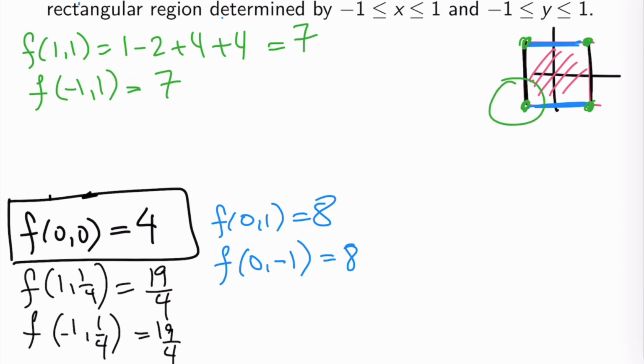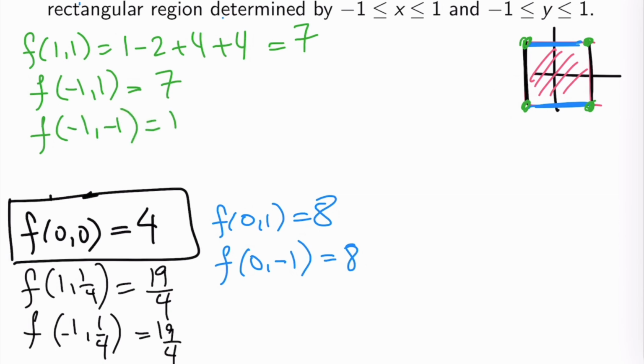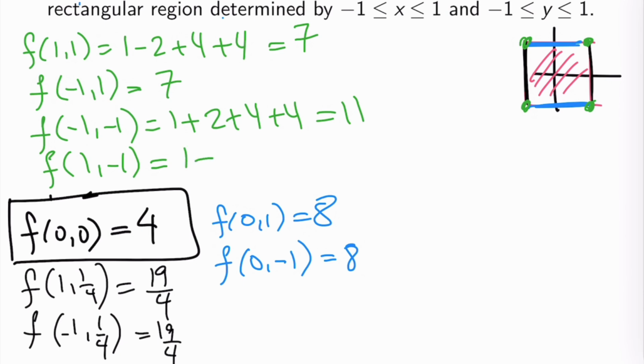And then this one will be f of (minus 1, minus 1). So we obtain 1 plus 2 plus 4 plus 4, which is 11. And the last one will be f of (1, minus 1). That will be 1 plus 2 plus 4 plus 4, 11 again. So this is the list of all our values.